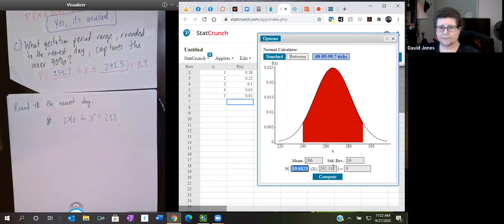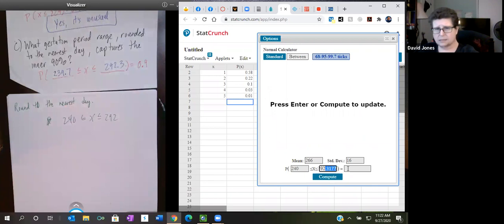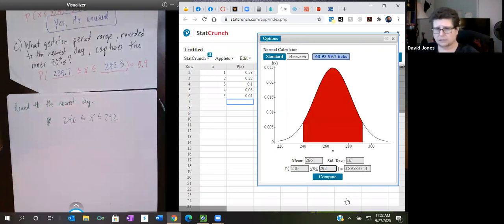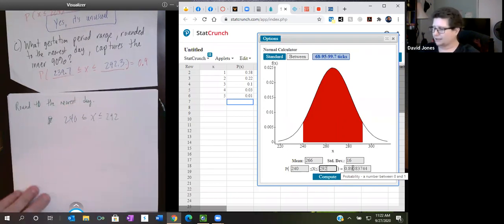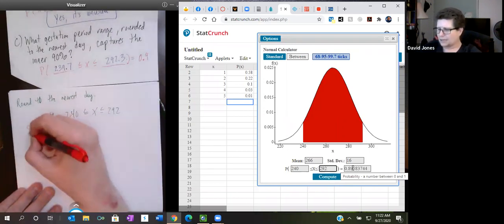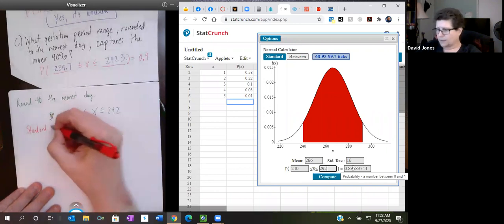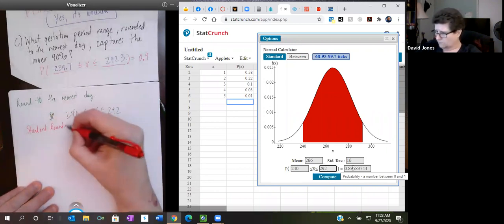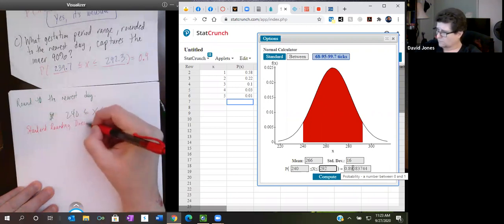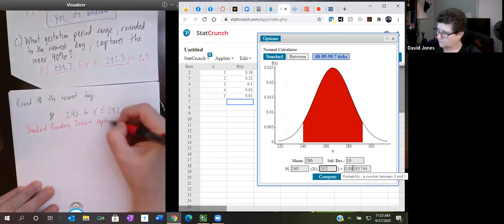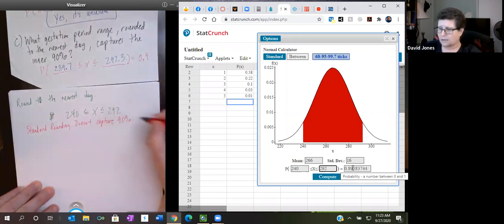Let's check. That is 0.895. It only is 89.5%. I don't have 90%. So that's standard rounding. Standard rounding doesn't capture 90%.